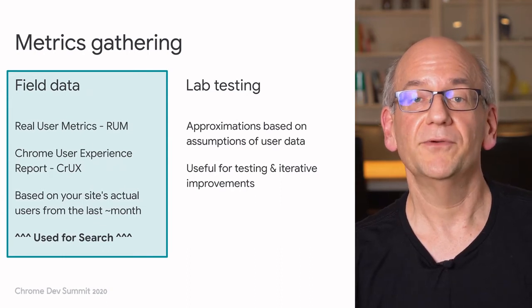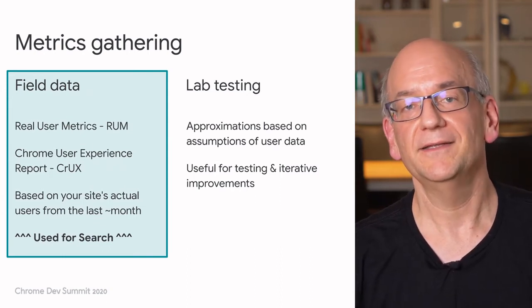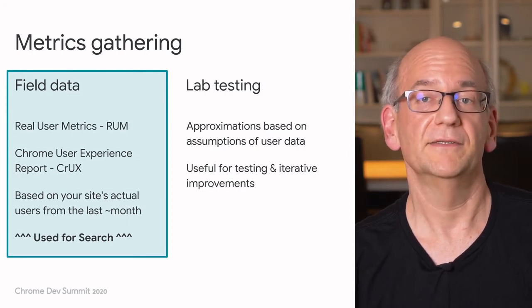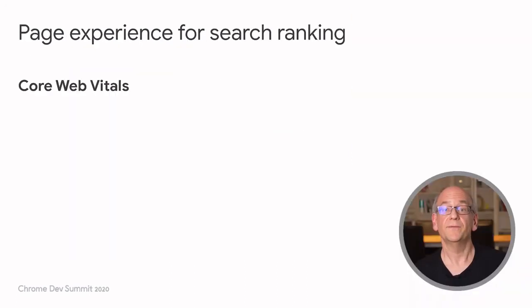This makes the data more representative for your site, taking into account where your users are located and how they access your website. The Core Web Vitals metrics are then combined with other signals for search. We call this combination the page experience ranking factor.